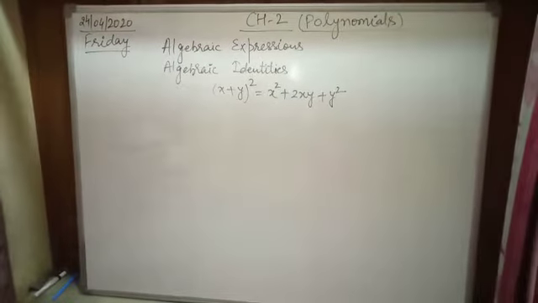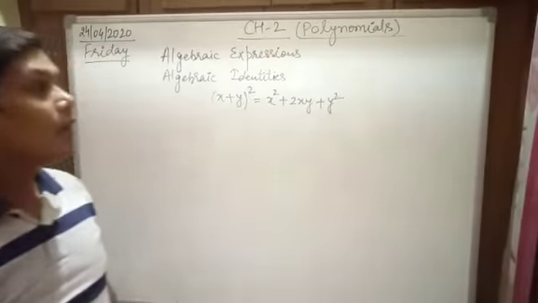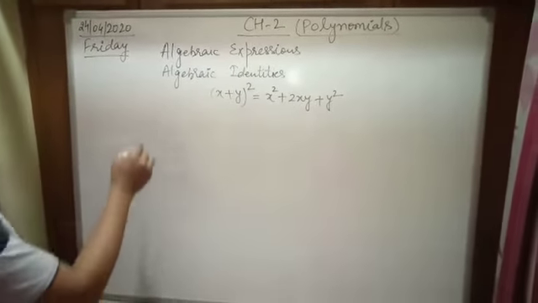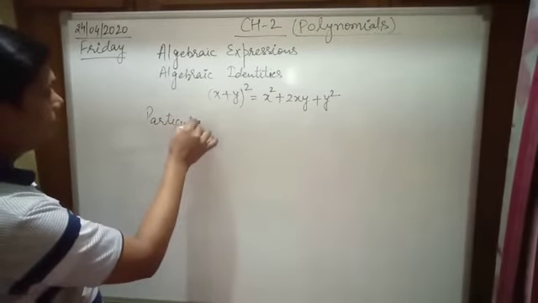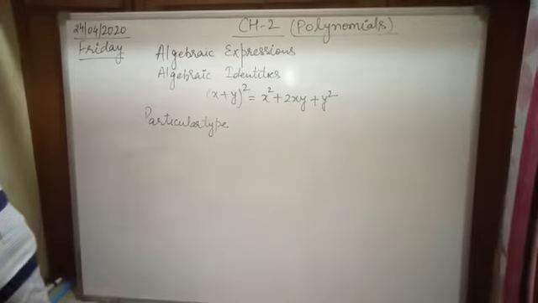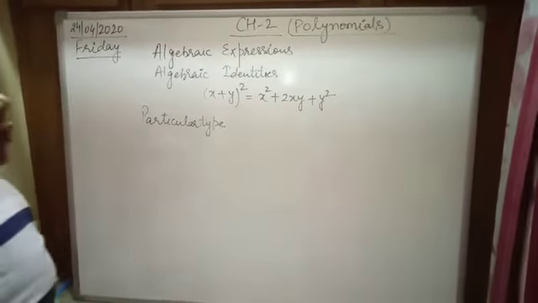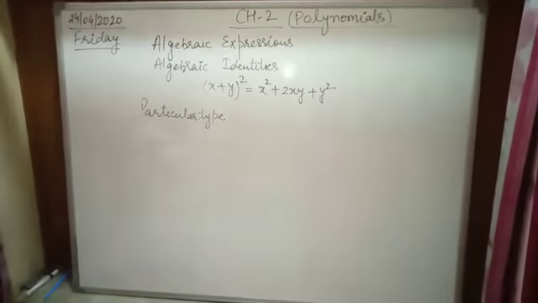Now we are talking about the polynomials. A particular type of algebraic expression is called a polynomial. What is the meaning of particular type?